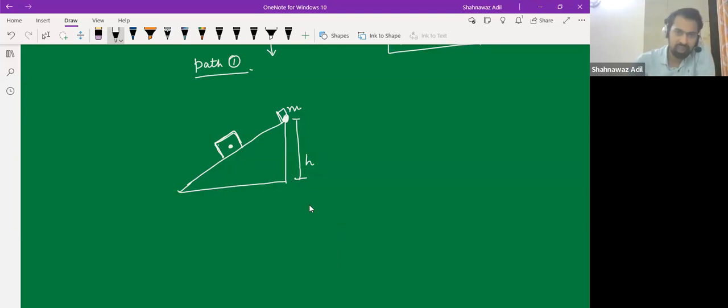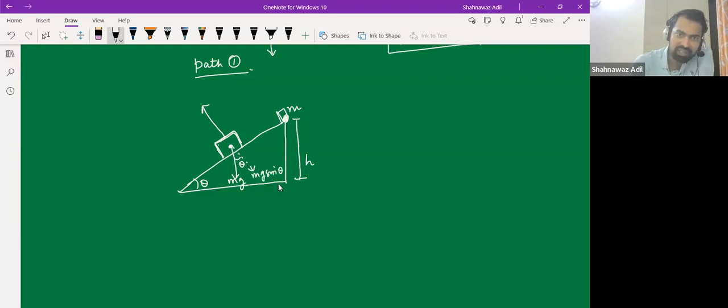Normal force. Absolutely right. So this is normal, this is theta, and this is gravity. Gravitational. So this is your theta, this is mg. So how much would be this? Mg sin theta, right?